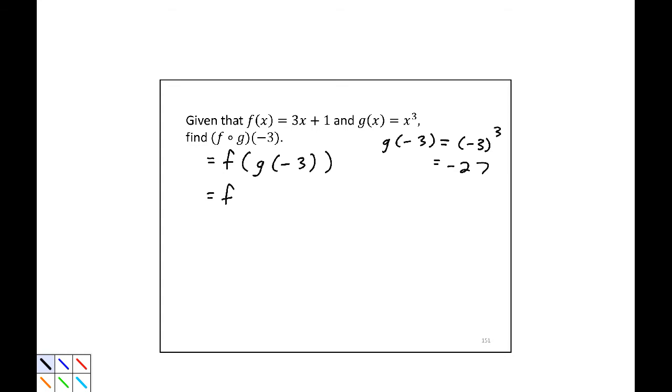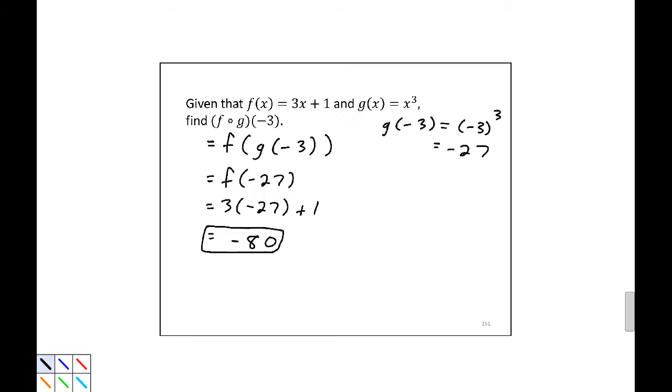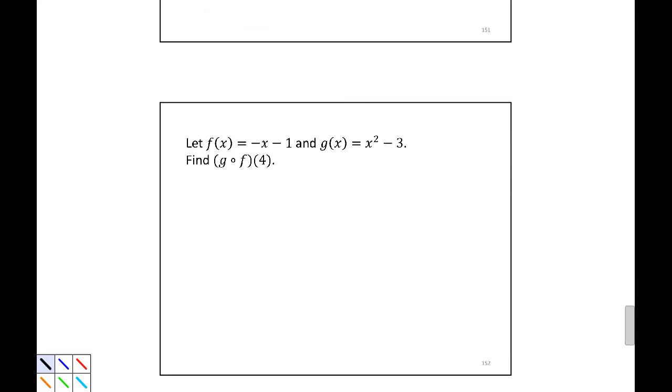This in turn becomes f of negative 27. Now let's plug that, or evaluate that, into 3x plus 1. 3 times negative 27 plus 1. 3 times negative 27 is negative 81, plus 1 is negative 80. Always appeal to the definitions as you're working with these. Makes things a little more straightforward.